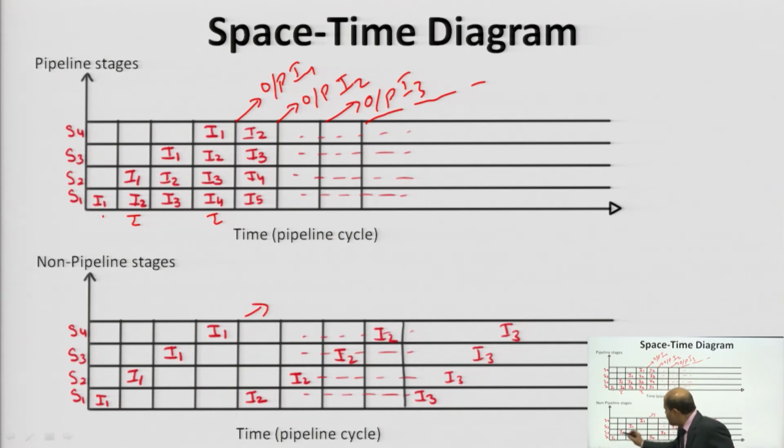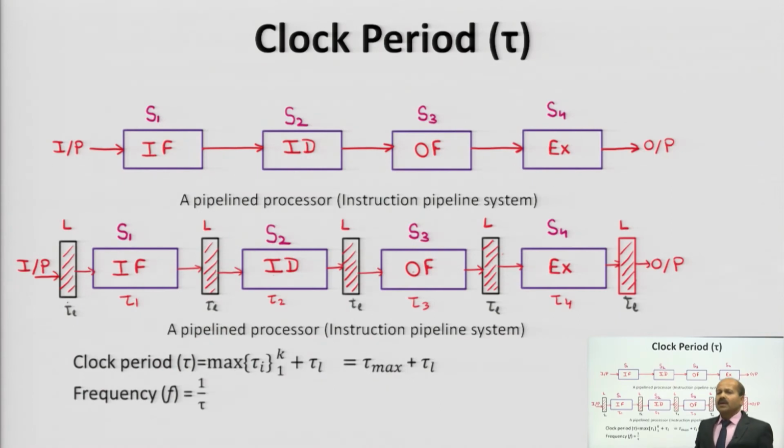So, 4 clock cycles are needed to execute any instruction in a non-pipeline system. We can compare both architectures and see which system is performing better, or giving the better output.